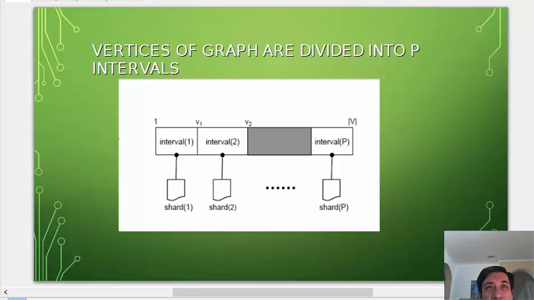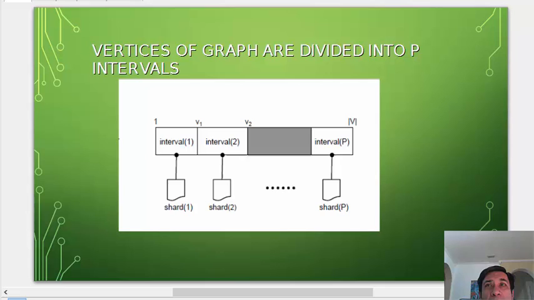For each interval, we associate a shard, which stores all the edges that have destination in the interval. Edges are stored in the order of their source. Intervals are chosen to balance the number of edges in each shard. The number of intervals P is chosen so that any one shard can be loaded completely into memory.